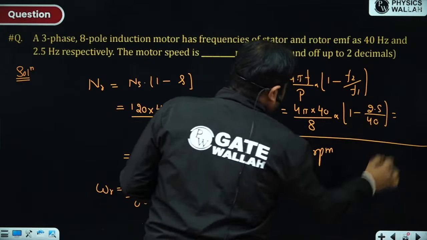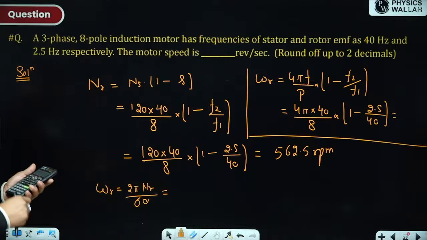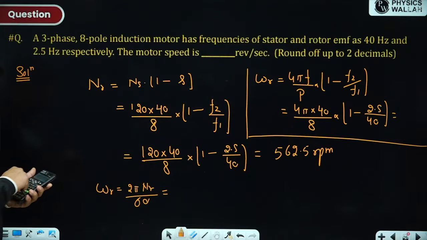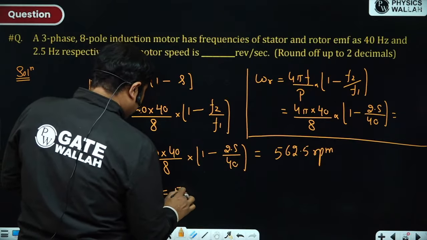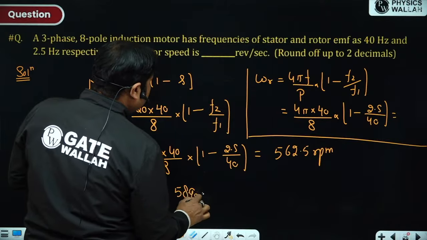That would be easier. Is it okay? Yes, sir. So into 2 into pi by 60. So what I am getting is 58.90.